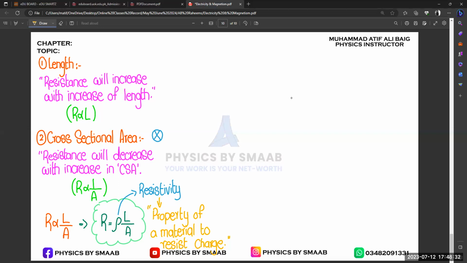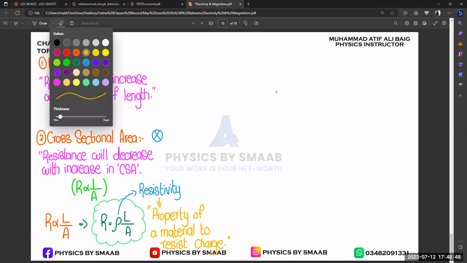Okay, so basically this is the concept, and we have another formula, R equals rho L upon A. Before solving numerical questions, let's suppose we have a conceptual question like this.